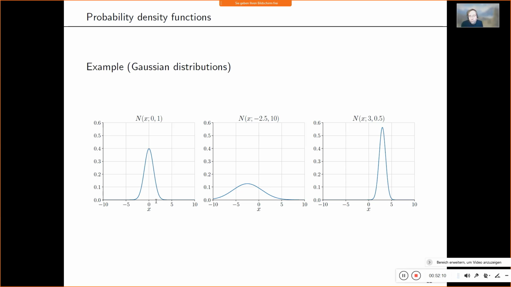The other way around, if we ask what is the value in the outcome space of the random variable such that the probability for the random variable to take on values smaller than this value is 0.975, the answer is, well, we look at the ICDF, the inverse CDF, and the answer is 1.96.